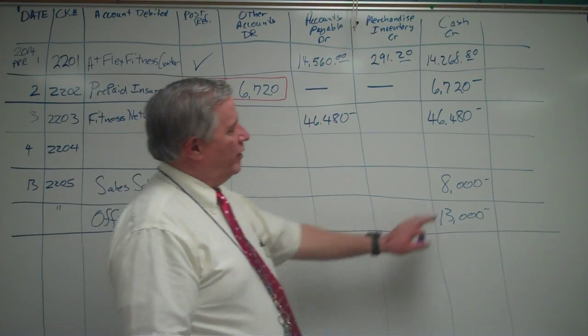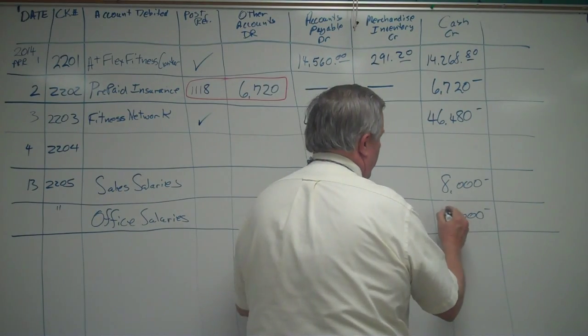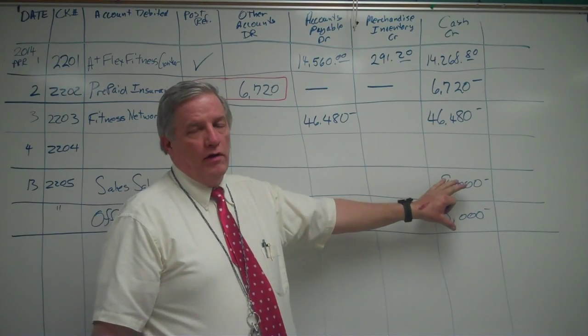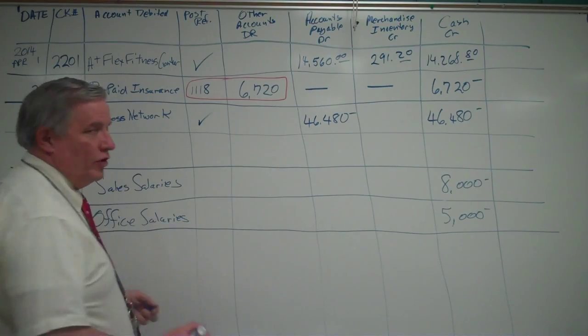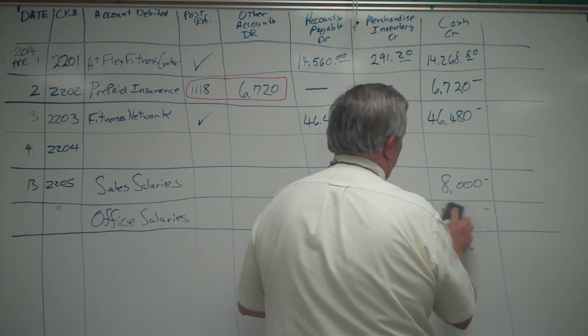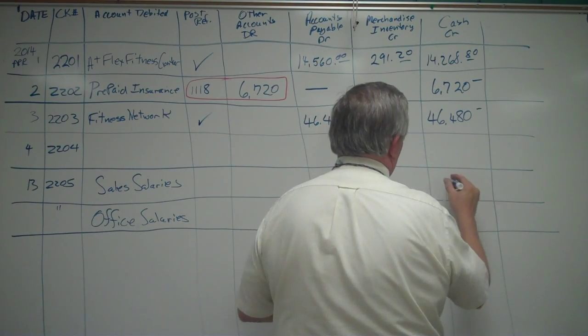Some people like to put the whole amount of $13,000 over here, and some people like to put each individual amount. You can do it either way you like, and I'm just going to go ahead and put 13,000 so you can see that there.